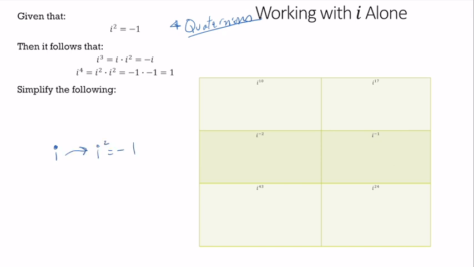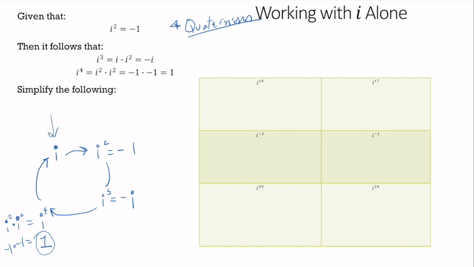And then if I multiply that by another i, I get i cubed, which is i times -1, so -i. And then if I multiply that again to get i to the 4th, that's going to be i squared times i squared, based on our exponent rules, which would be -1 times -1, which just means it's 1. That's very convenient. And if I multiply that by i again, for i to the 5th, I would get back to just i all by itself.